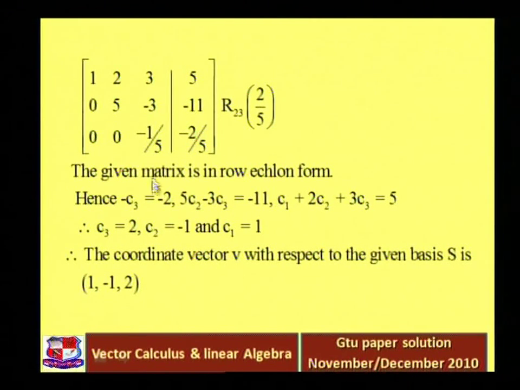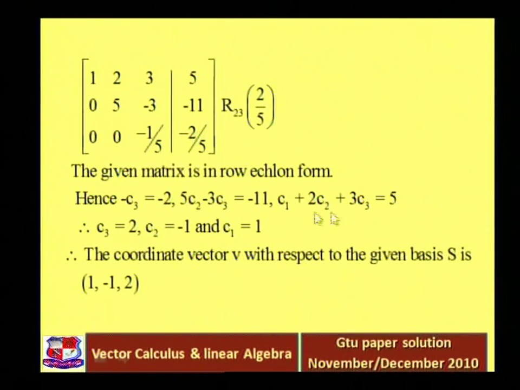So minus C3 is equal to minus 2, then 5 C2 minus 3 C3 is equal to minus 11, and then C1 plus 2 C2 plus 3 C3 is equal to 5. So C3 is equal to 2.